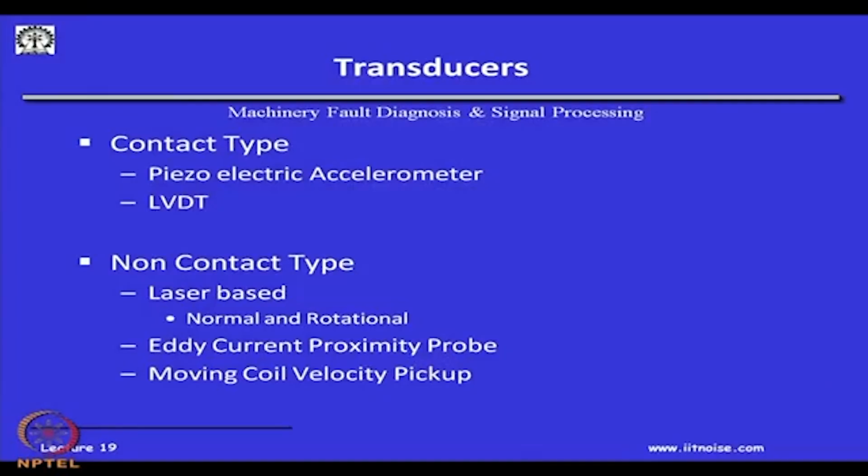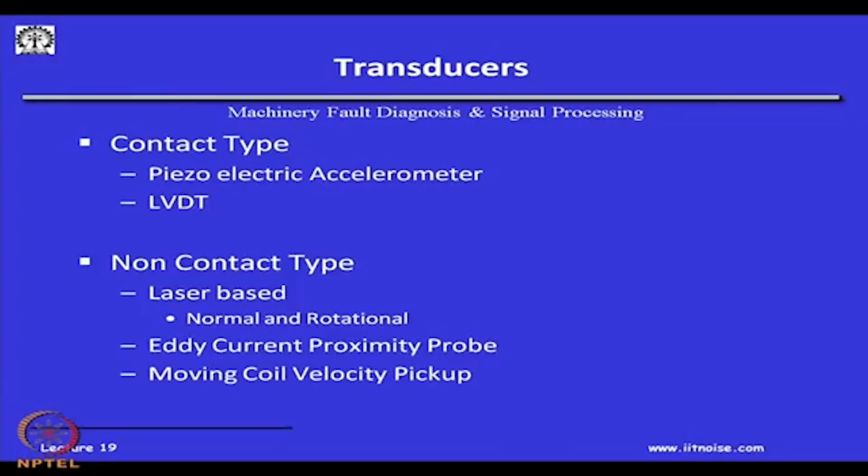That is where we have to use certain laser based techniques, be it to measure the normal vibration or the rotational vibration. Of course, there are some probes like the eddy current proximity probe, which can be used to measure gaps; it is a non-contacting type of transducer. We can measure displacement, or acceleration or velocity in such cases.